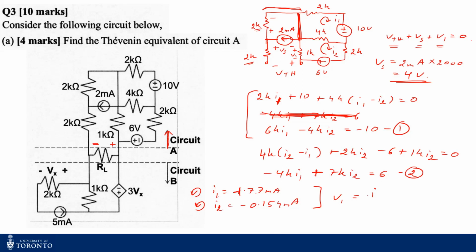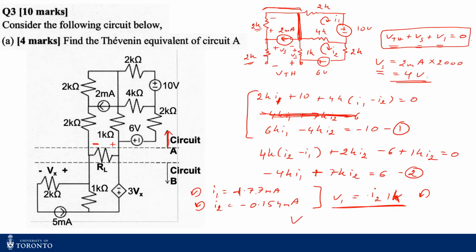So in this case, my V1 would be just I2 times 1K, assuming that the current I2 is flowing like this, right? So then now I have my V1, I have Vs. Once I plug that into my original equation, I should get my VThevenin.